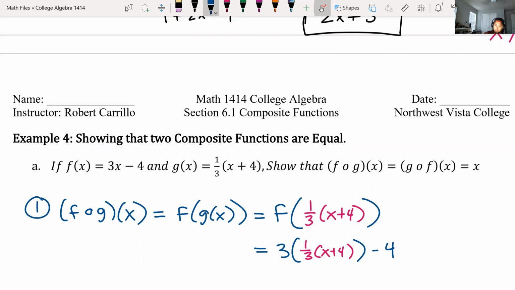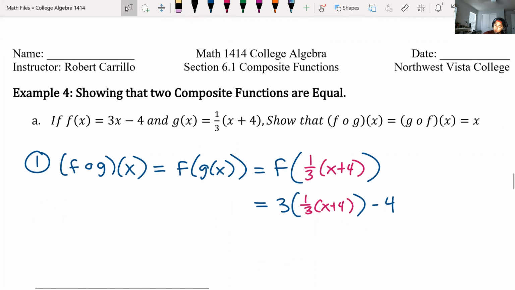Okay. So now you see that the 3 and the 1/3 will what? What is 3 times 1/3? 1.